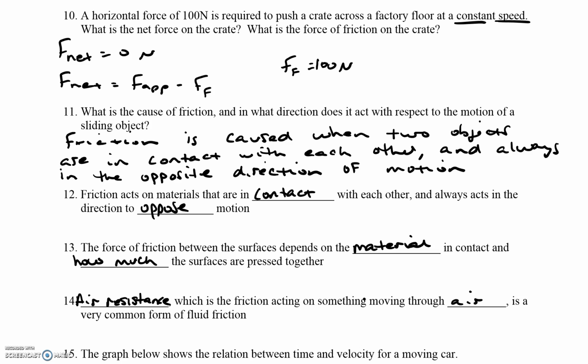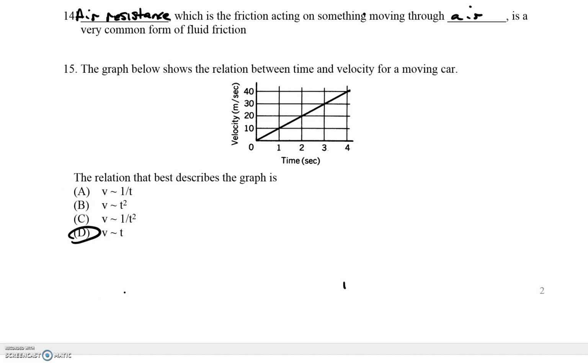Number 14 says air resistance, which is a friction acting on something moving through the air, is a very common form of fluid friction.